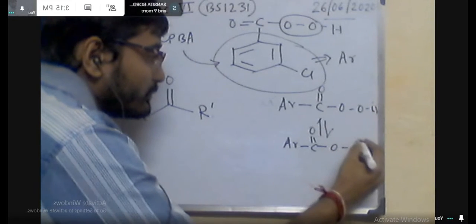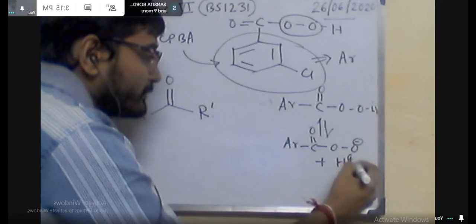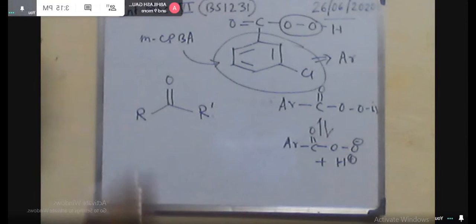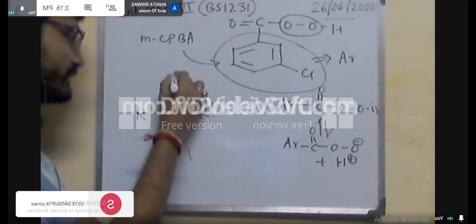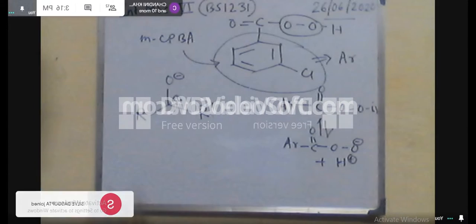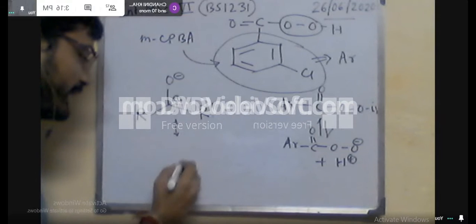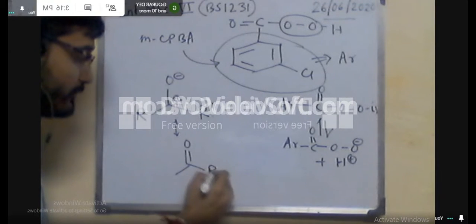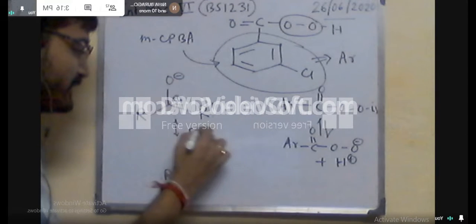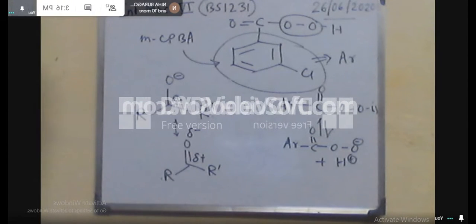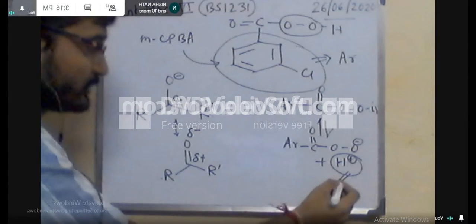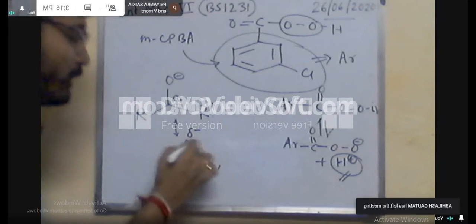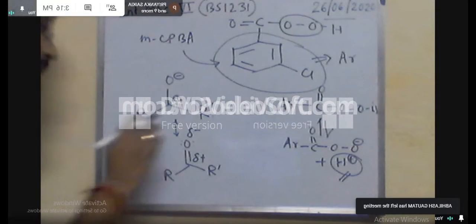Now you know in a carbonyl residue oxygen is more electronegative than the carbon, so there will be polarization of the bond, with partial negative charge here and partial positive charge here. So when there is a proton source, first this carbonyl oxygen gets protonated to make this center more electrophilic, that means to enhance the electron deficiency in this center.